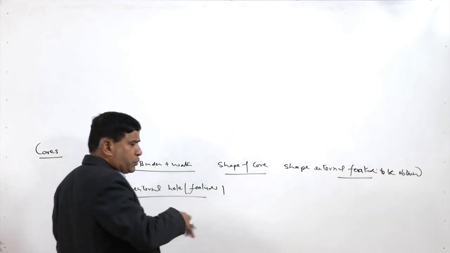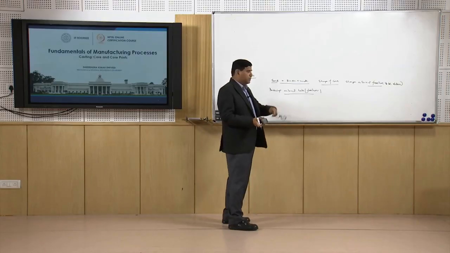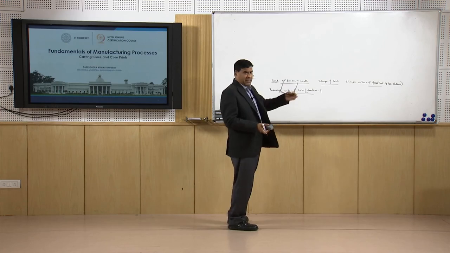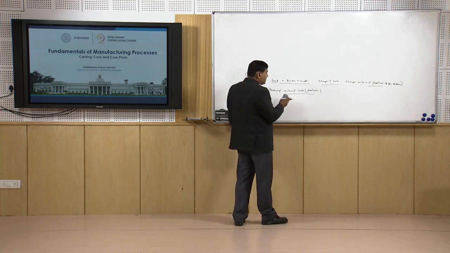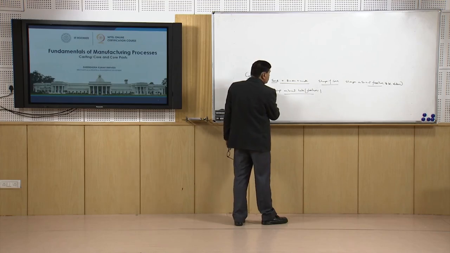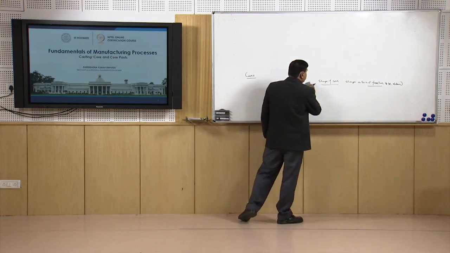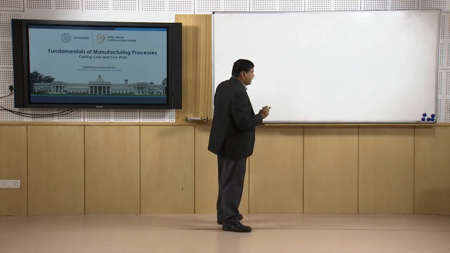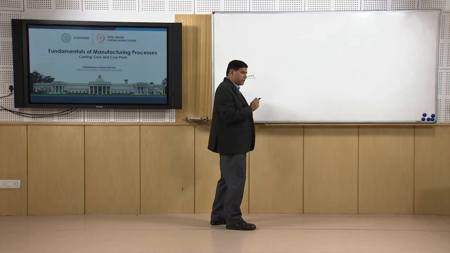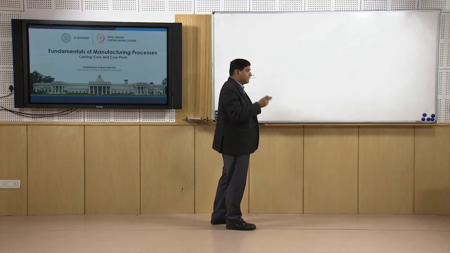So, those features which cannot be produced using the pattern into the mold, and so the castings cannot be produced of the desired size and shape with the internal features. So, for those situations cores are used. The core is located in the mold at the desired location so that the internal feature and the cavity can be created.